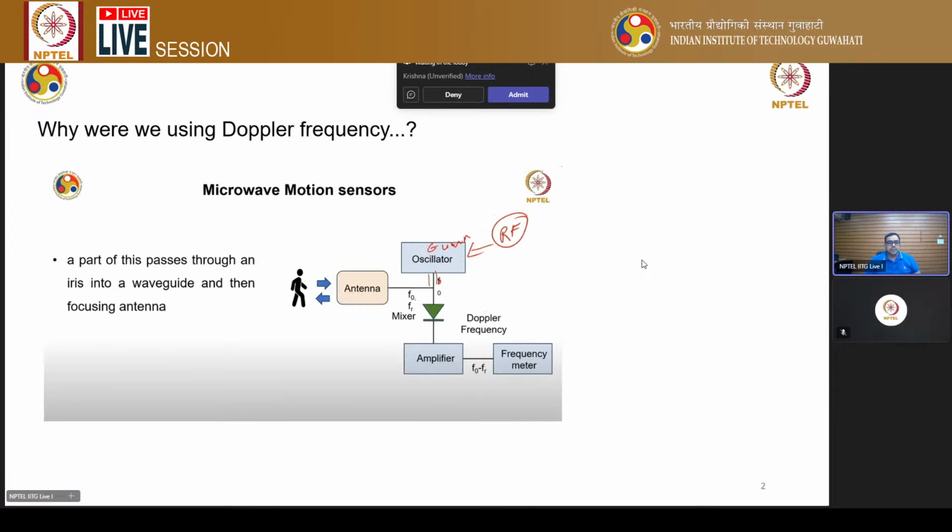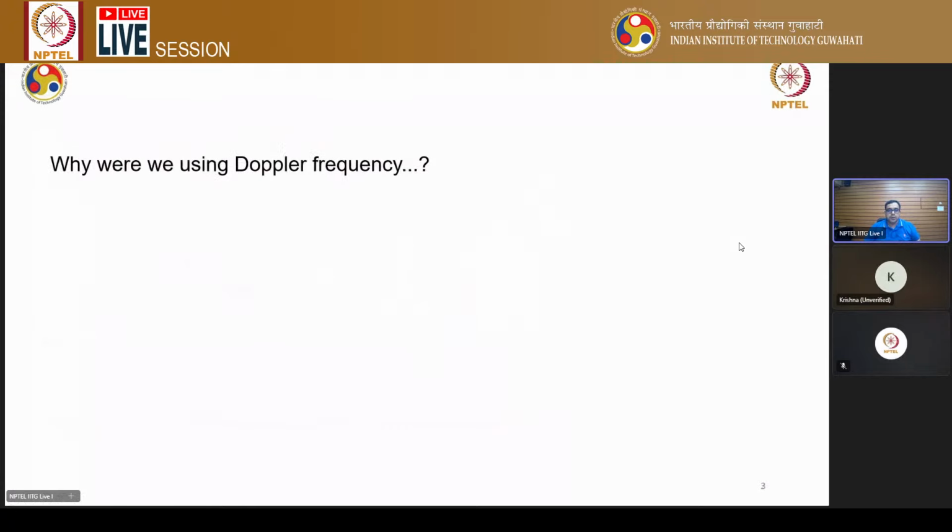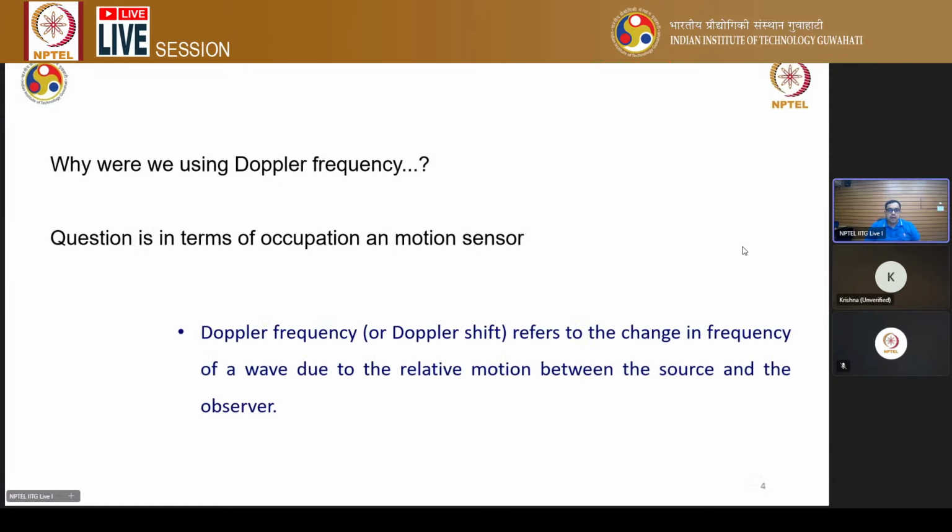Let's start discussing each problem one by one. The first one was why we were using the Doppler frequency, and we'll first understand the Doppler effect and then mold it towards the motion sensors. This question, as I have mentioned, is in terms of occupancy and motion sensors.